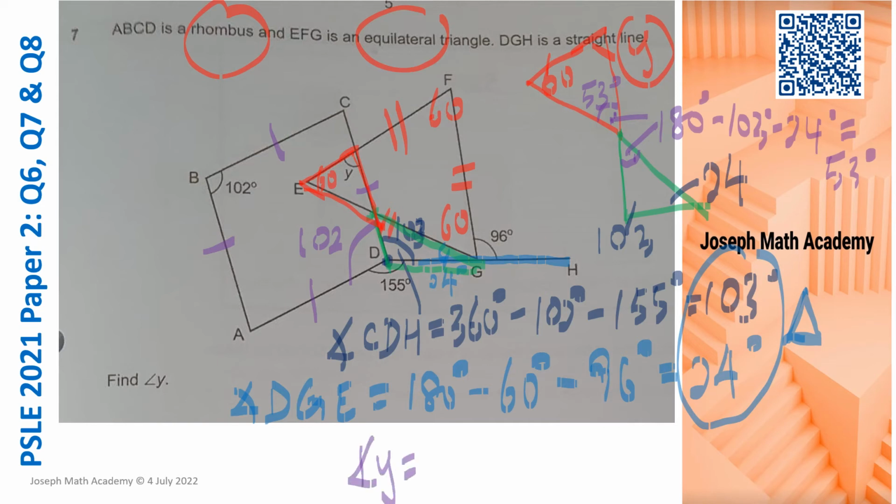So angle Y is equal to 180 degrees minus 60 degrees minus 53 degrees, and the answer is 67 degrees. Angle Y is found using the property sum of angles in a triangle. Question 7 is done.